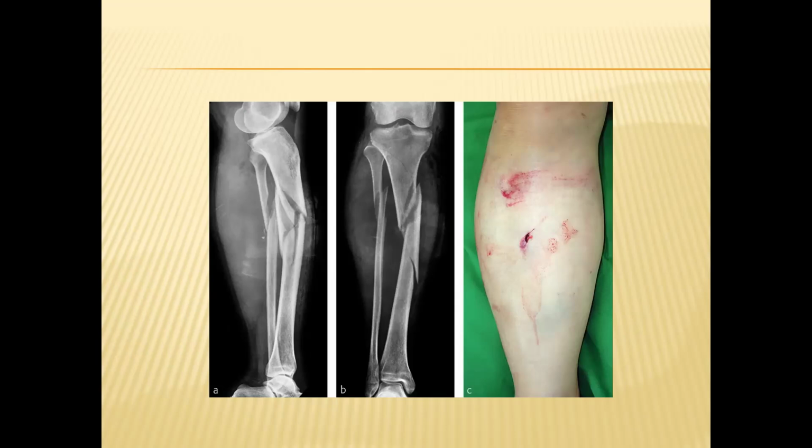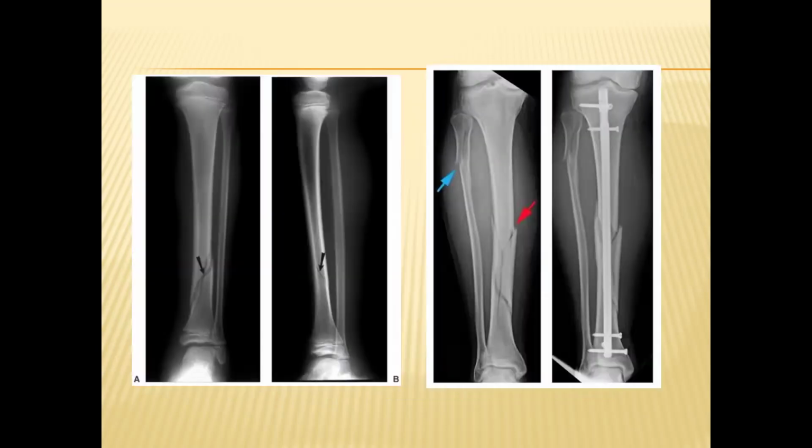Sometimes for the fracture shaft of the tibia and fibula, we have to do an x-ray for the ankle and an x-ray for the knee joint, because sometimes a fracture in the mid shaft of the tibia can give a fracture to the proximal or distal part of the fibula. So for any fracture of the shaft of the tibia, we should do an x-ray for the knee joint and for the ankle joint.